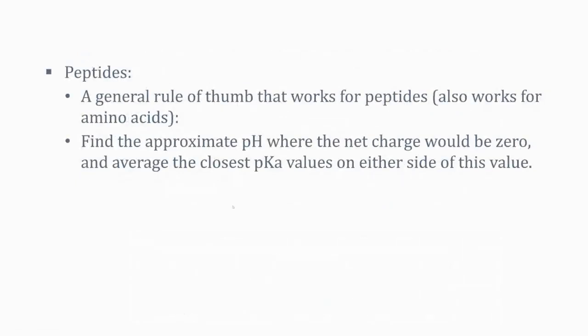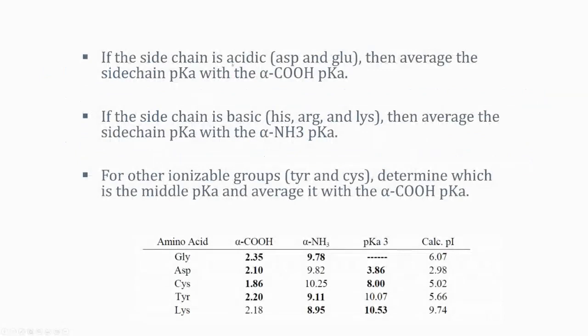And then for peptides, to determine the pI, if the side chain is acidic, like aspartate or glutamate, average the side chain pKa with the alpha carboxyl group pKa.